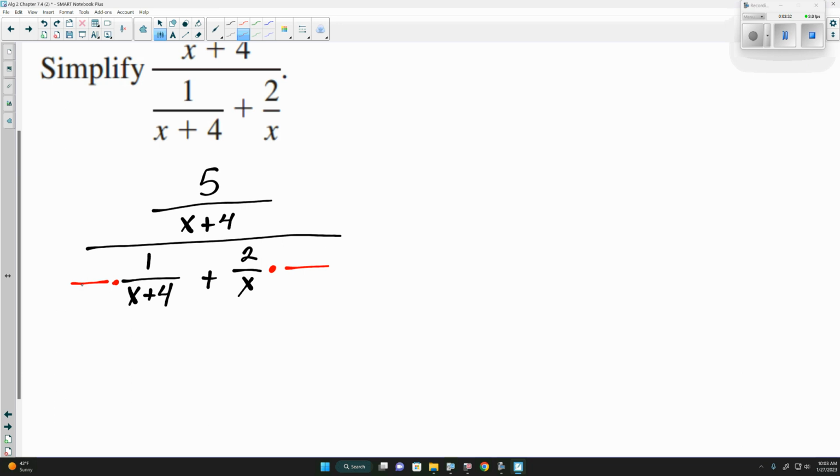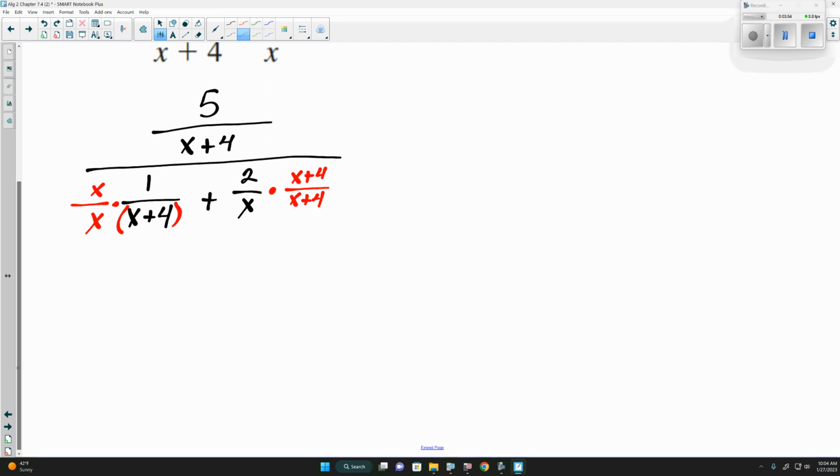The one on the left is missing an x, and the one on the right, x plus 4, is missing an x plus 4. So we multiply the first by x over x and the second by x plus 4 over x plus 4.